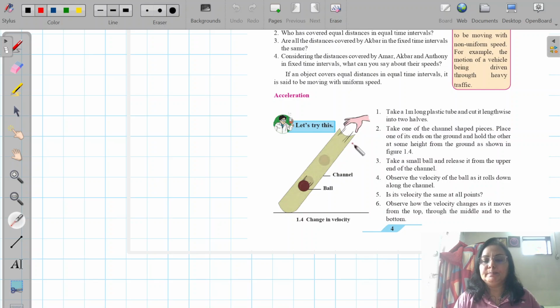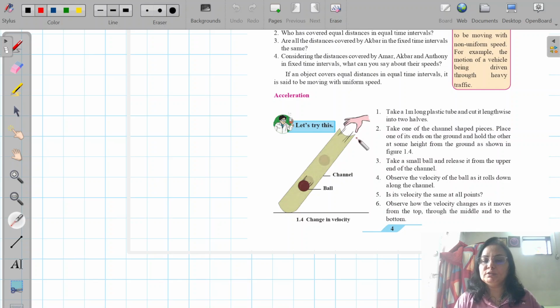So the ball hits the ground after some time. Now when we release it, the ball was at zero speed or zero velocity. See, it's a straight line. We released it from the top and it moved alongside the tube and hit the ground.